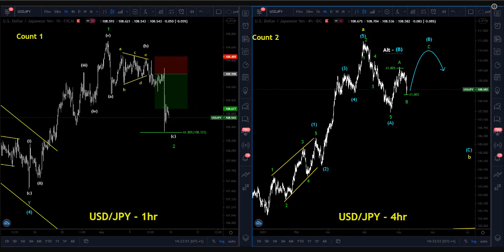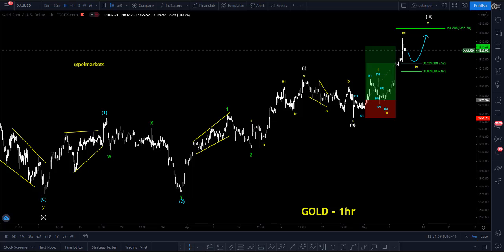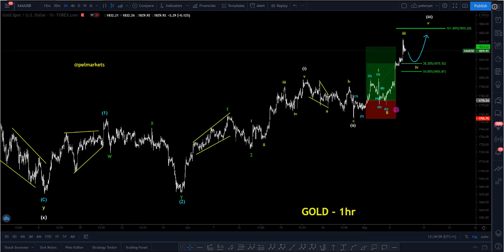Our next pair we will be looking at is gold. With gold, last week we took this trade and it was a very simple trade, and now we are having yellow wave 1, 2, 3. So we are waiting for a pullback to complete yellow wave 4, then a final wave up to complete yellow wave 5 of blue wave 3.